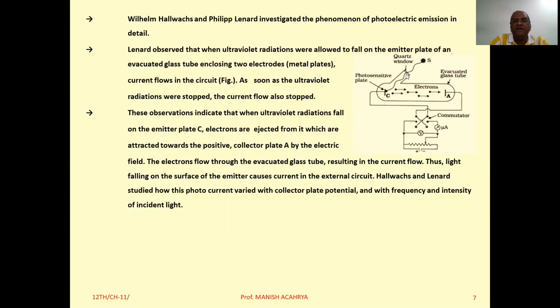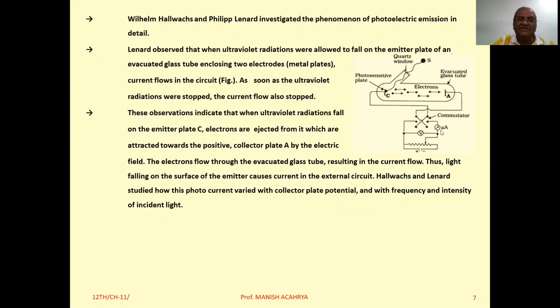When it is incident on the emitter surface, and if this incident light has frequency equal to or greater than the threshold frequency of this metallic plate, then this microammeter shows a current.